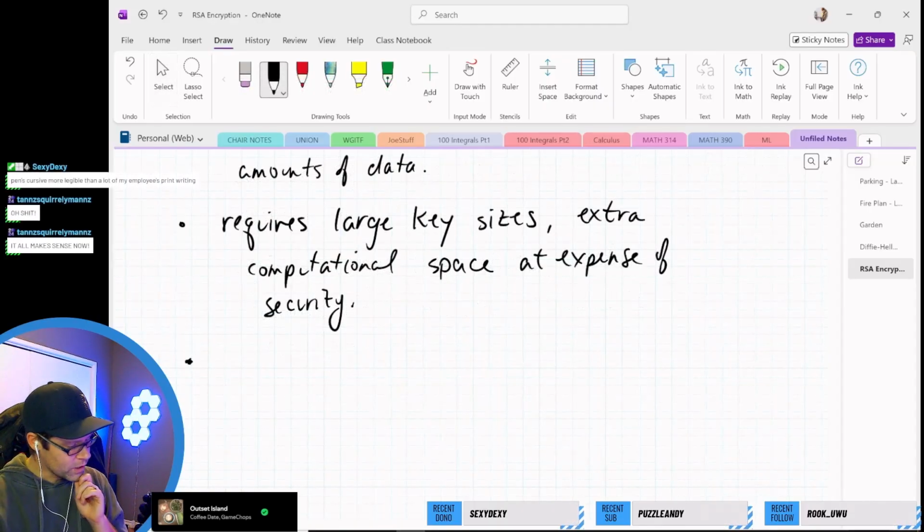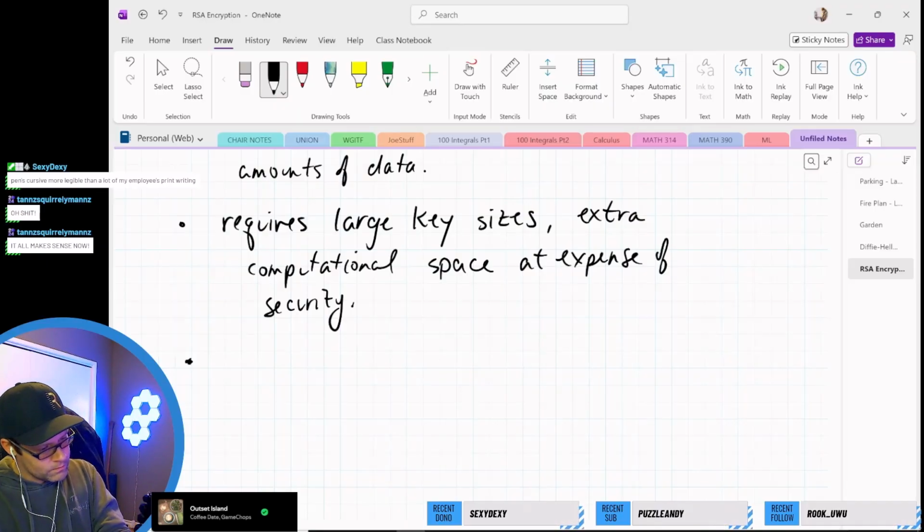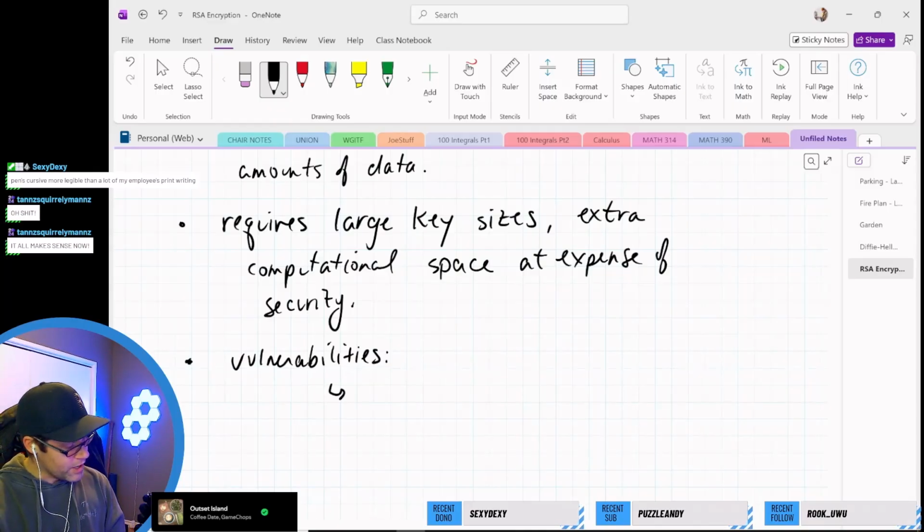There are a couple of vulnerabilities. So I wrote down one here that I think is interesting.